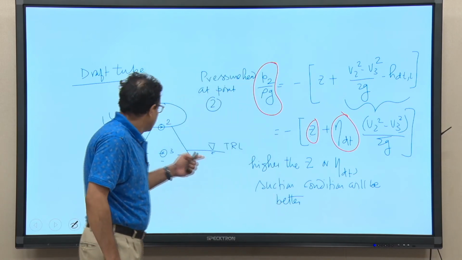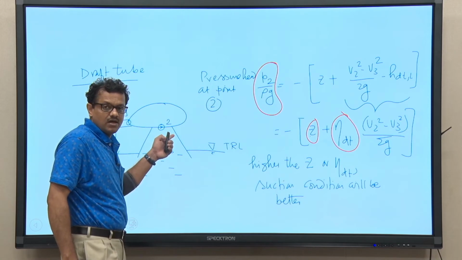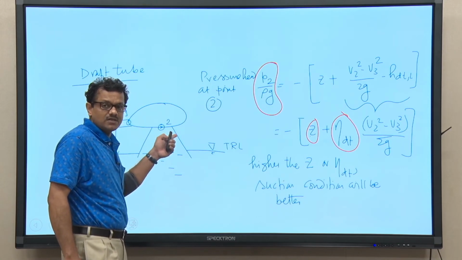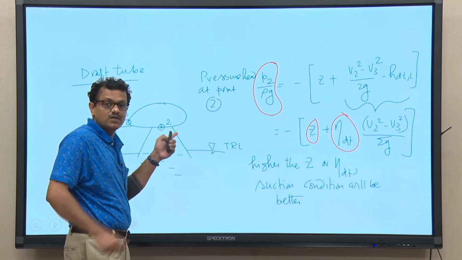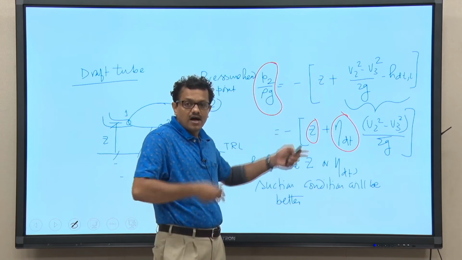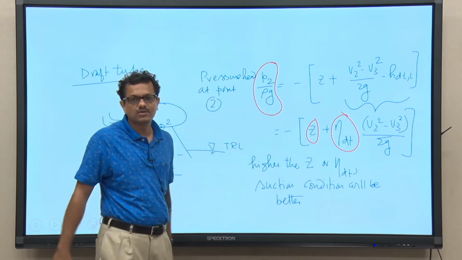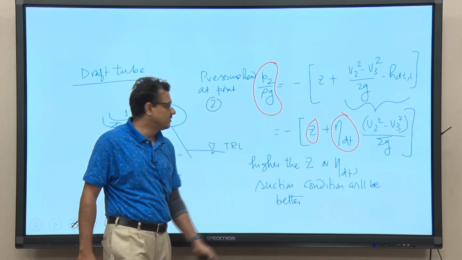The draft tube is important for the smooth and efficient operation of the turbine unit. At the same time, it is responsible for trouble free operation, because if we fail to design it suitably, we are going to invite the undesirable phenomenon called cavitation.